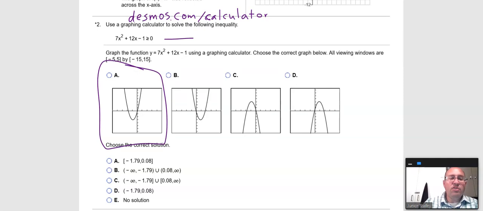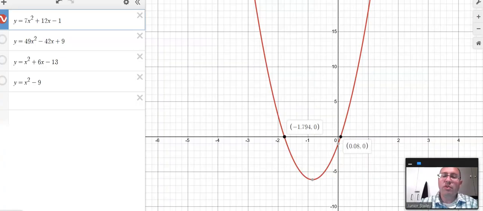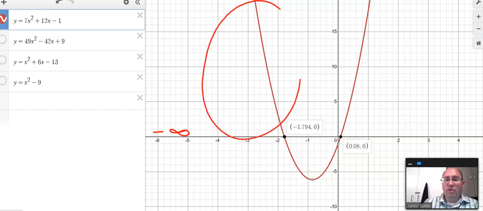Now, this particular section says we want to know where all the x's are that are positive or equal to 0. Well, according to what we had here, that would be 2 different sections. We had all of these points up to and including negative 1.794.